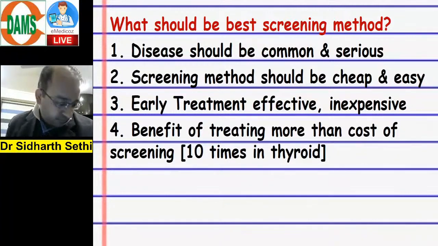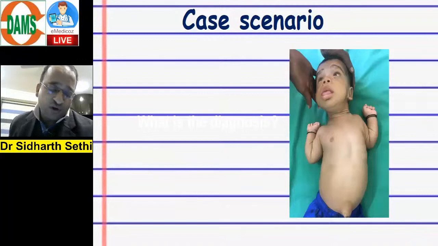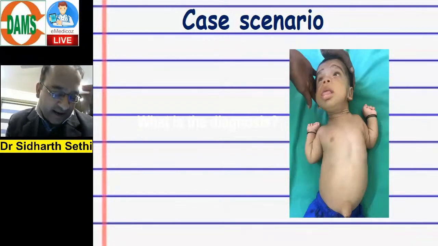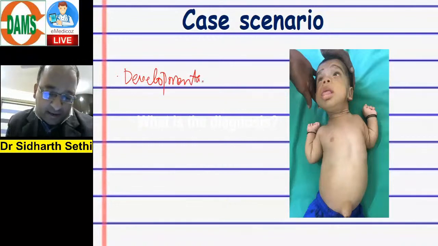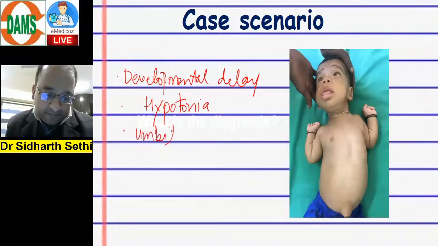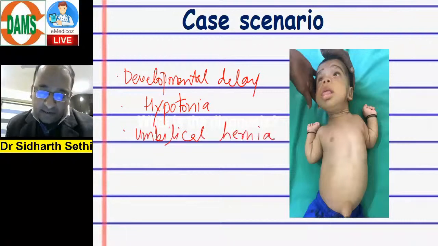Okay, so I have a question for all of you, and I'm sure you can see this on your screen. Here is a child. This child has a developmental delay, global in all fields. He has hypotonia, you can see umbilical hernia, mental retardation.